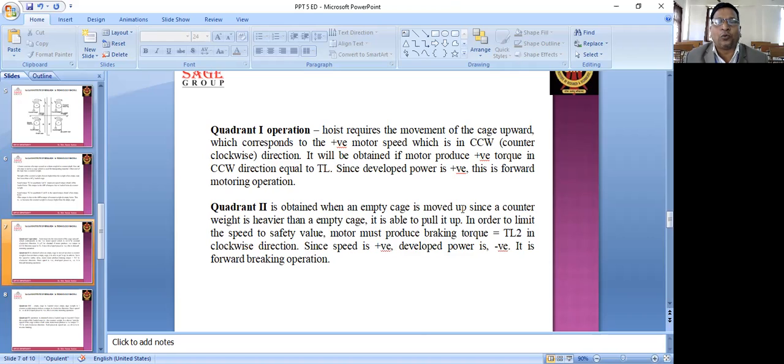Quadrant 2 is obtained when the empty case is moved up, since the counterweight is heavier than the empty case. It is able to pull up, so in order to limit the speed to a safe value, the motor has to produce braking torque TL2 in the clockwise direction. Since speed is positive, developed power is negative. So it is called forward braking operation.